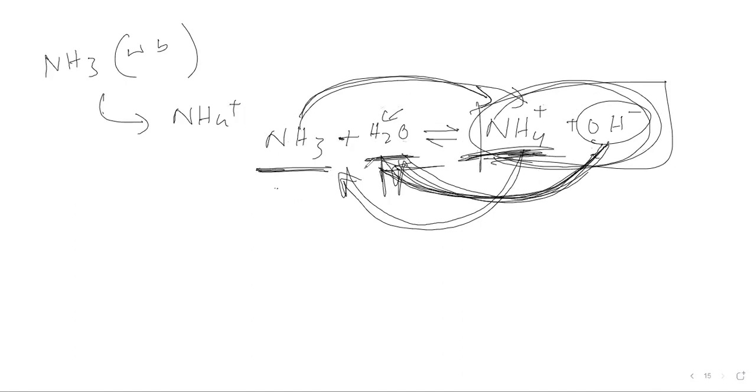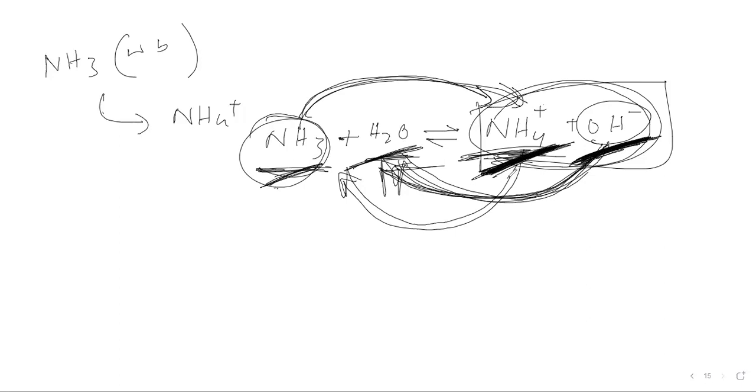So basically NH3 is a weak base, water is a weak acid, but on the other hand, the one which was formed from the weak base is now a strong acid, and the one which was formed from the weak acid is now a strong base. So the pH will be lower. Why? Because this is a weak base. After this reverse reaction happens, NH4 plus is formed.